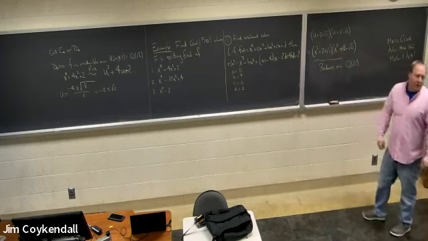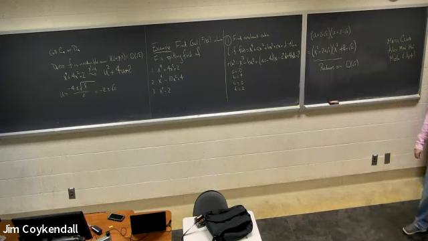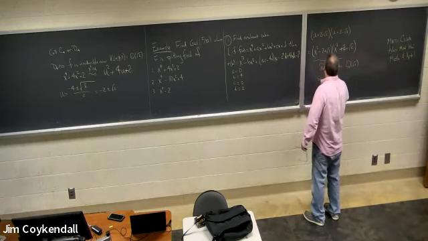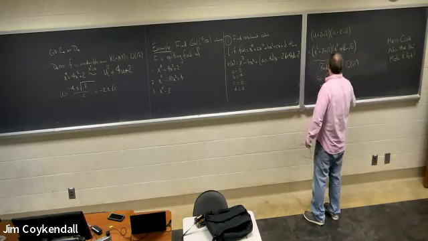I don't care if it reduces further or not. Okay. So this reduces over this field. So the Galois group, this one is isomorphic to cyclic 4.